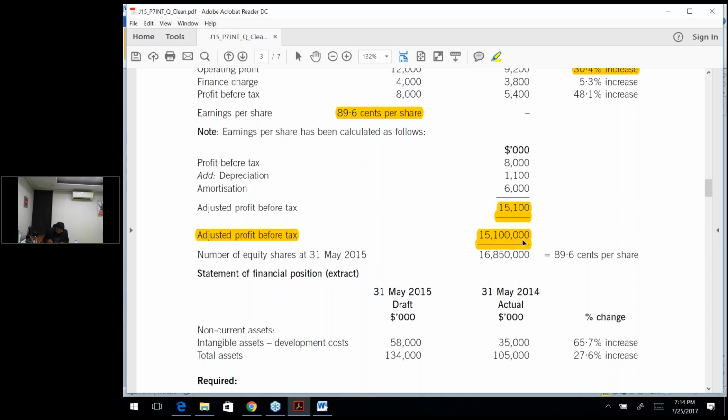The second one is adjusted profit before tax divided by the number of equity shares at 31st May 2015.